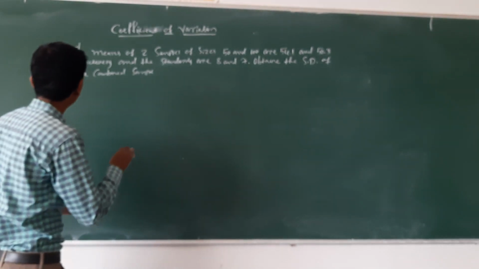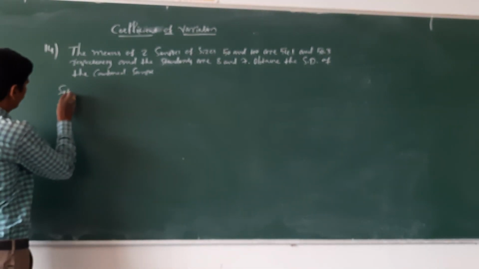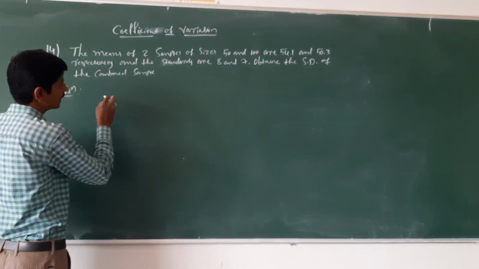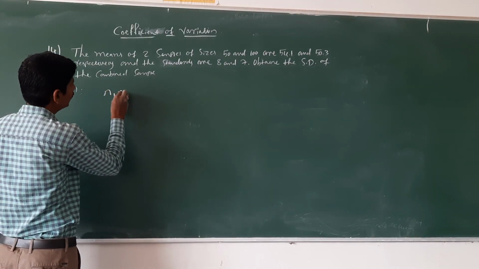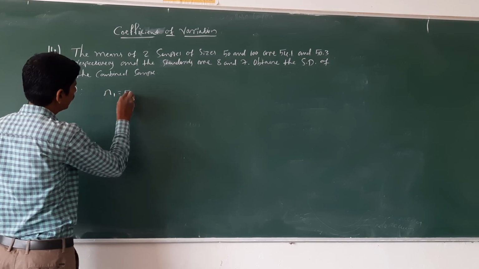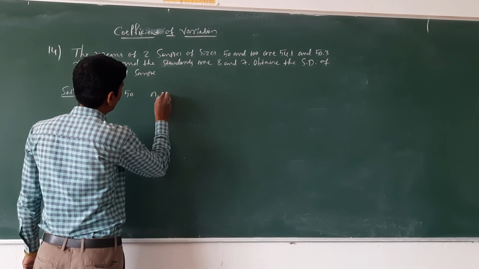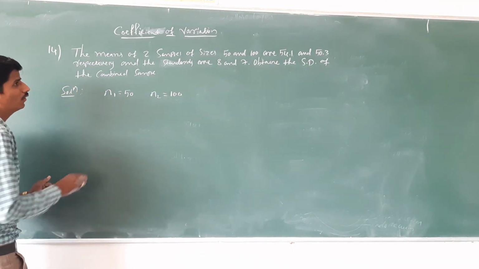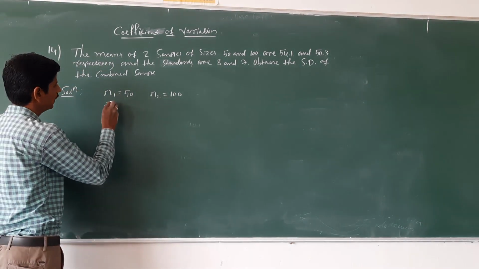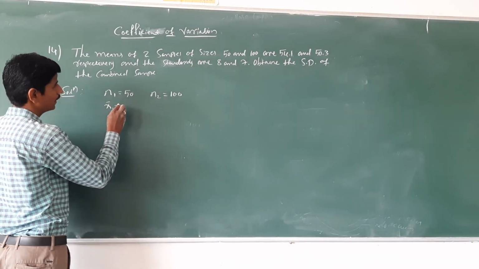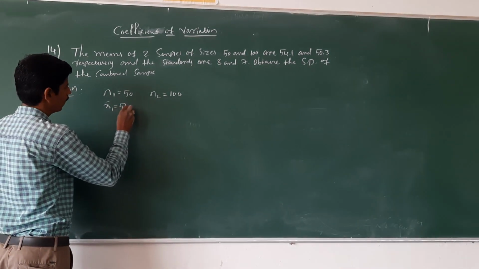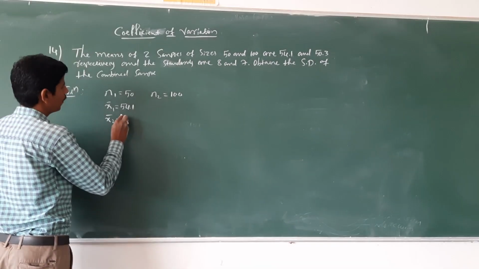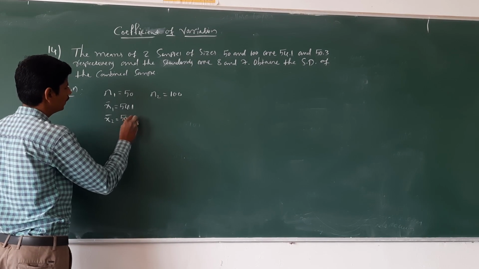Okay, here solution. Here they are given two sample sizes, that is N1 is 50 and N2 is 100, and their means are x1 bar, the first sample mean, is 54.1 and the second sample mean x2 bar is 50.3.